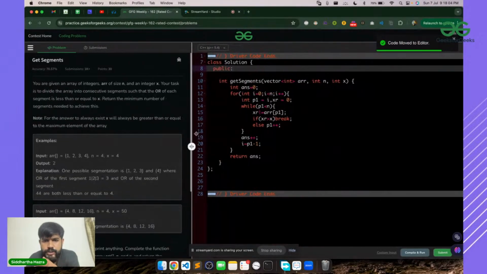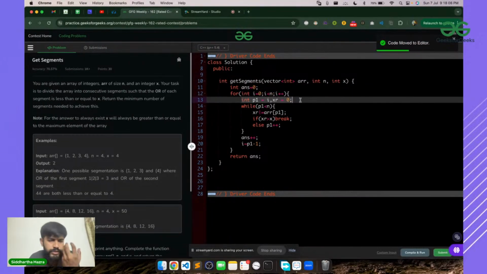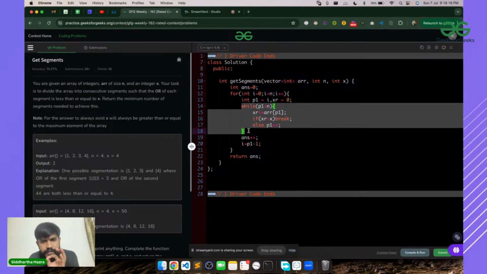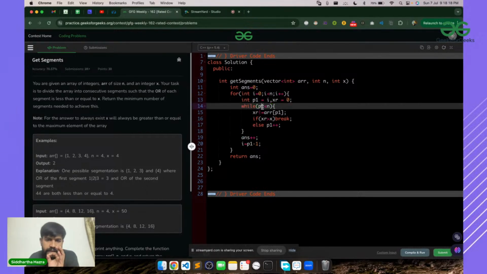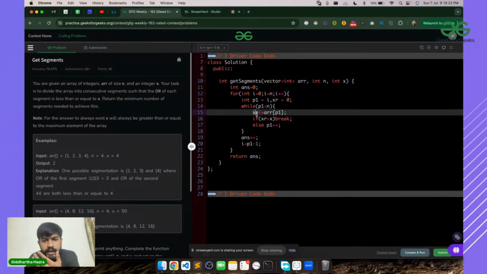Okay, so we start the OR value as 0. Then we say this is the current index we are starting off. Till the point the index is less than n, and till the point we are able to have the value less than or equal to x, we would keep going.